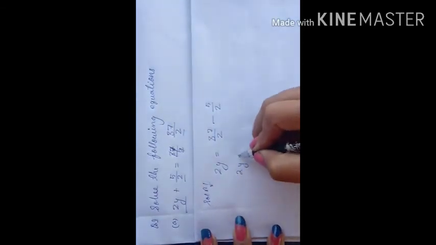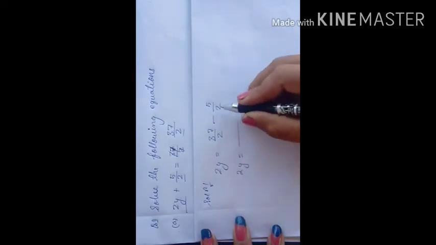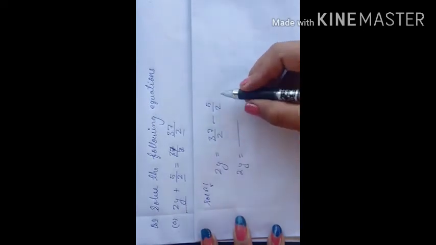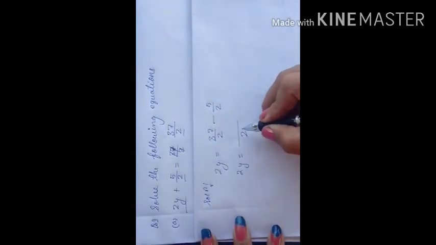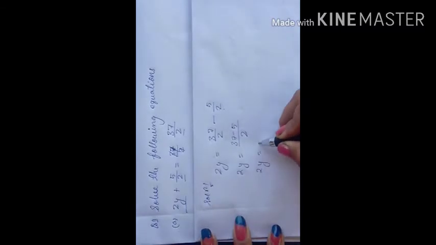Now 2y is equal to, now we know how to solve this, isn't it? Fraction subtraction. So 2 will be here, here also 2, here also 2. So LCM is 2, isn't it? So 37 minus 5. Now 2y is equal to, if you solve this, 37 minus 5, you will get 32 upon 2. So 2y equal to 16, isn't it?